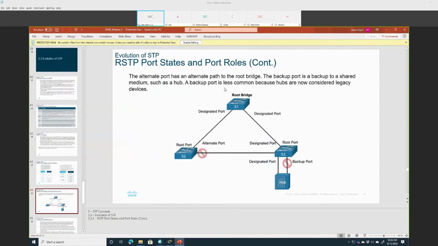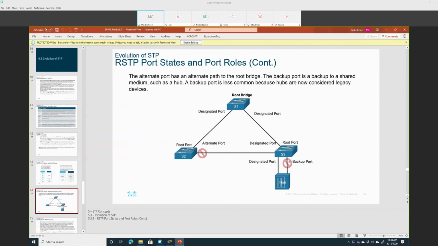So what do they say? The backup port is a backup to a shared medium such as a hub. Backup port is less common because hubs are now considered legacy.